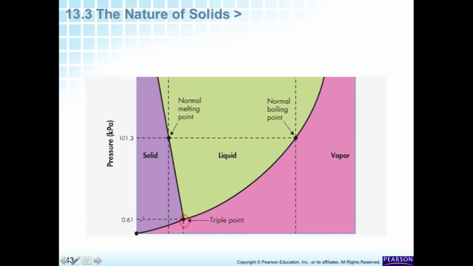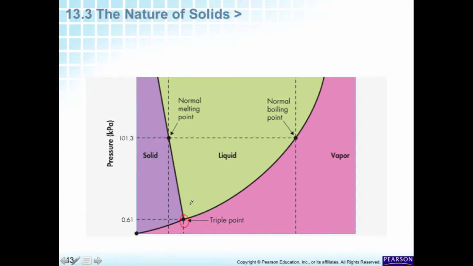Okay, you have a triple point where all these things are in equilibrium with each other. So at 0.61 kilopascals, you basically have an equal amount of solid, liquid, and gas. There's an equilibrium between those. If you go above atmospheric pressure, you'll lower the temperature at which something will melt.